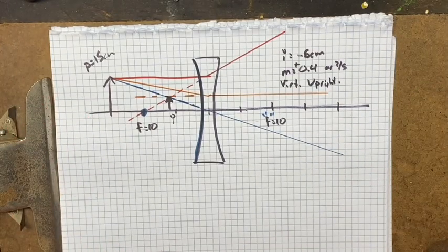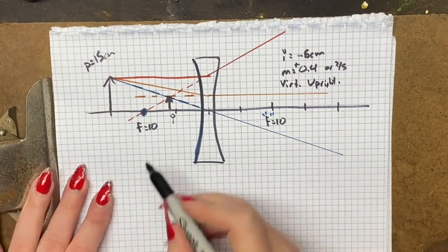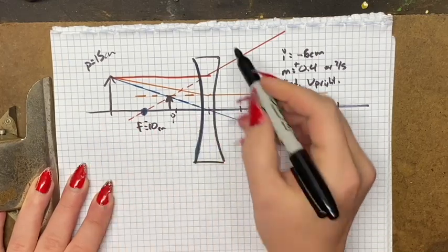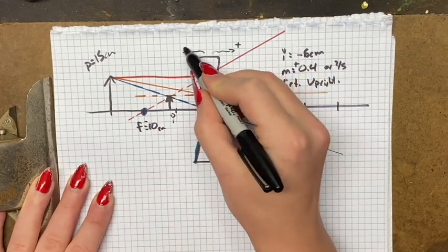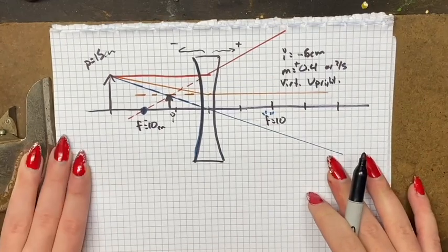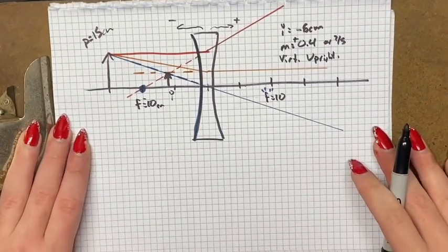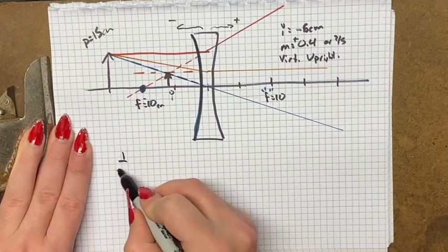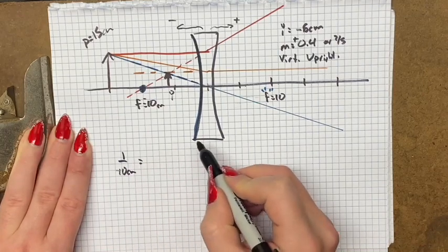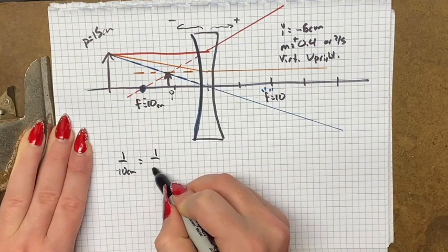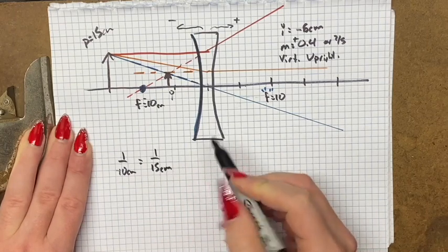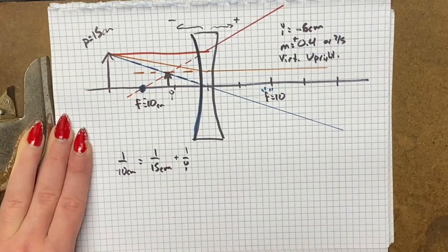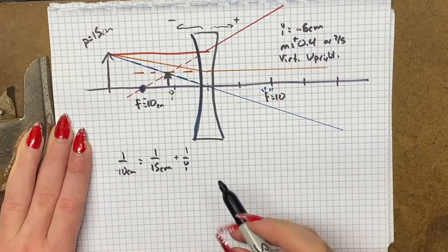Okay, and now to go through and prove it. This true focus is actually minus 10, right? Because it's here on the minus side, because the light goes through a lens and then it bounces back negative. So as we do this, I get 1 over F, which is minus 10, equals 1 over P, over 15, plus 1 over I. Hopefully I don't have a brain fart on arithmetic.